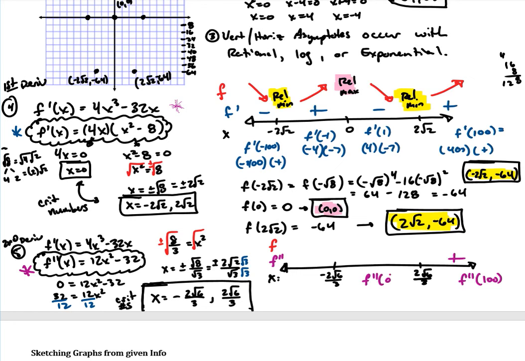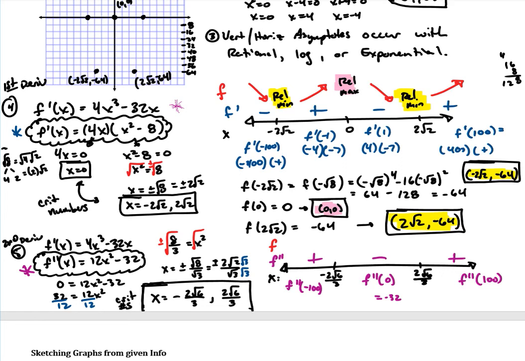When I plug 0 in, so that's in between these two, I'd have just negative 32 left over, and that's negative. And then one more time, if I plug in negative 100, I know that that's definitely left of this value. Negative 100 squared is positive, times 12 is a large positive number, minus 32 would stay positive.